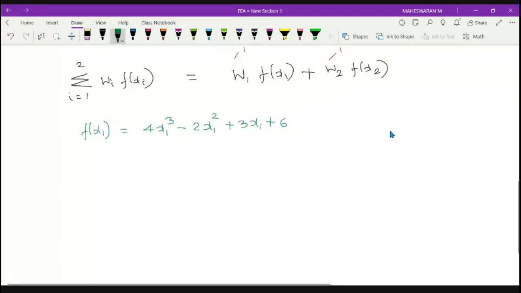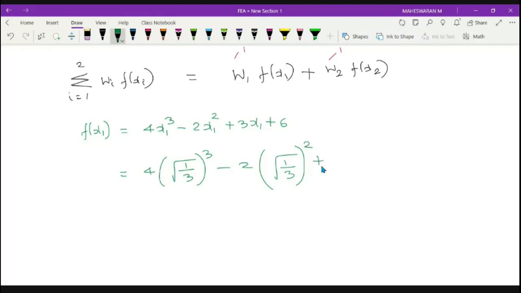So now substitute. What is my x1? X1 is plus 1 by root 3. So we substitute: 4 into root 1 by 3 whole cube, minus 2 into root 1 by 3 whole square, plus 3 into root 1 by 3.